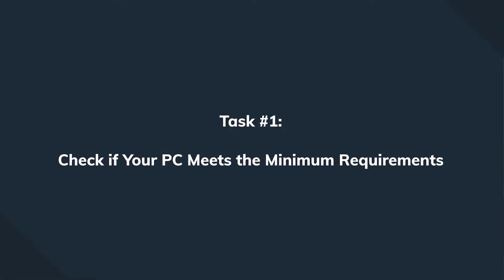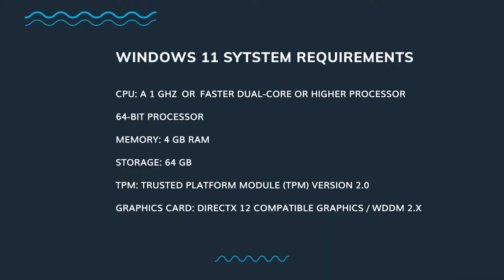Before we get to the actual installation, there are two extremely important things that we have to do. First of all, do a compatibility check. Yes, Microsoft's Windows 11 is not going to be compatible with just every system, so your hardware has to meet certain requirements. In terms of minimum requirements, what Microsoft is asking you to have is a 64-bit dual-core 1 GHz or better CPU.